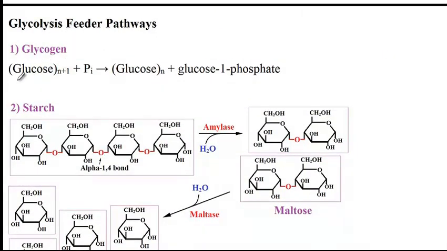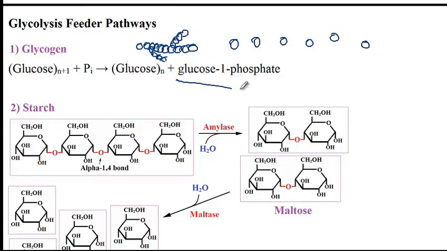Glycogen is the storage form of glucose, where we have a chain of glucose with some branches. And so once we break down these glycogen molecules into smaller glucose molecules, now glucose can enter the glycolysis pathway and contribute to production of energy. So I'm going to discuss the glycogen reactions at a later time during this lecture, but for now I just want to focus on the concept of which molecules can contribute to glycolysis.